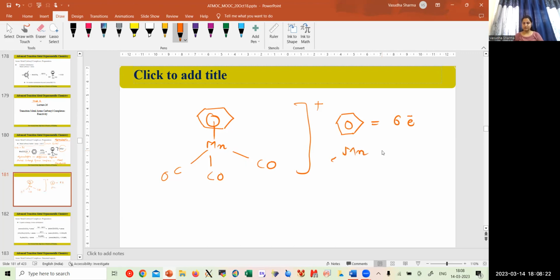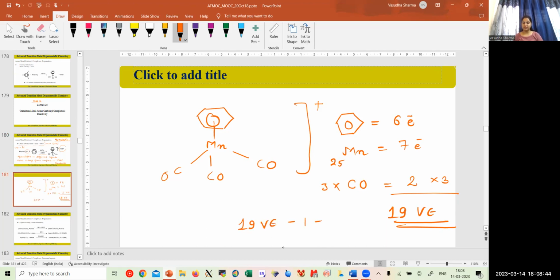Manganese is 25, which is d7, 7 electrons. One carbonyl will give you 2, and when you multiply by 3, it becomes 6 electrons. So 6 plus 6 is 12, plus 7, it's a 19 valence electron species. But we can't forget that outside it is positive, so minus 1, it becomes an 18 valence electron stable complex.